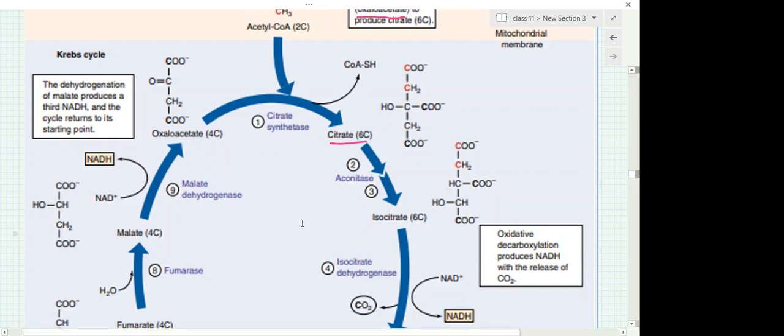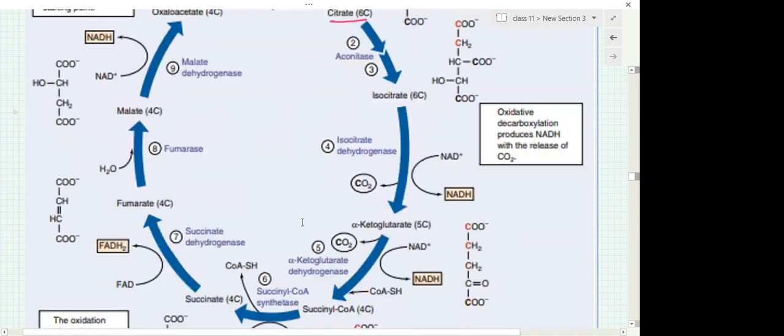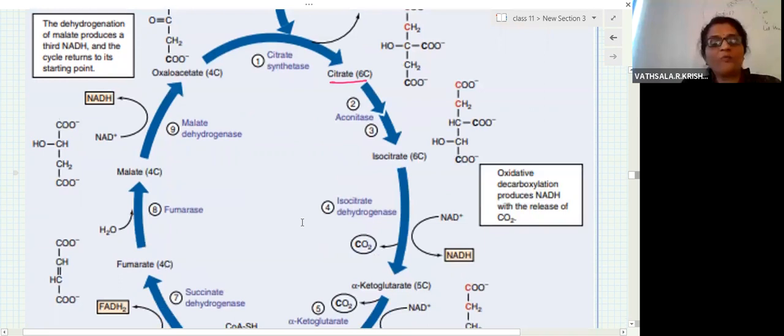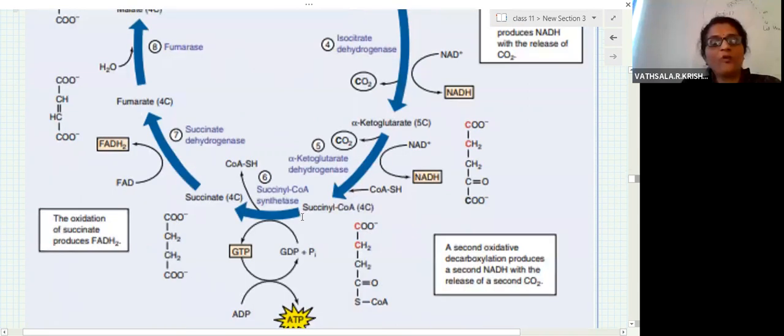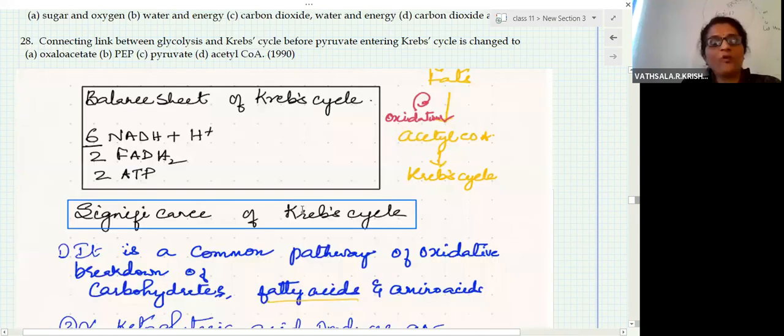We discussed this. So this is the cycle, the same cycle given in your textbook also. Now let's take up the stepwise description, how it happens.